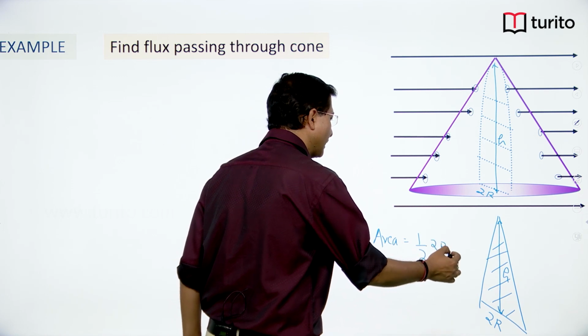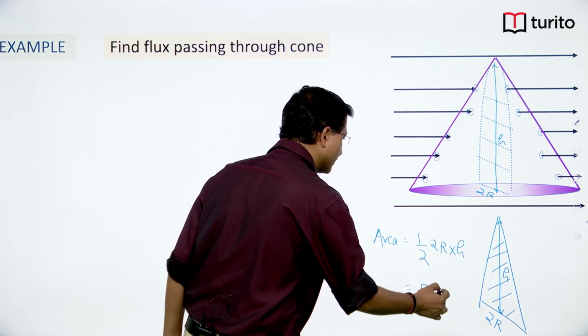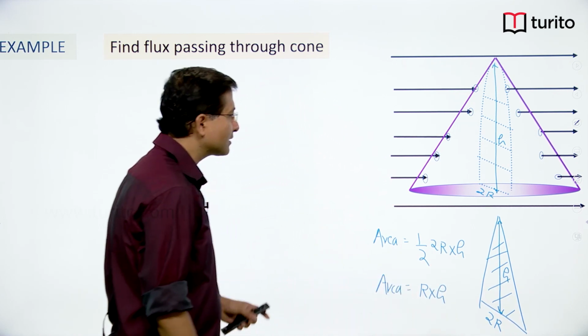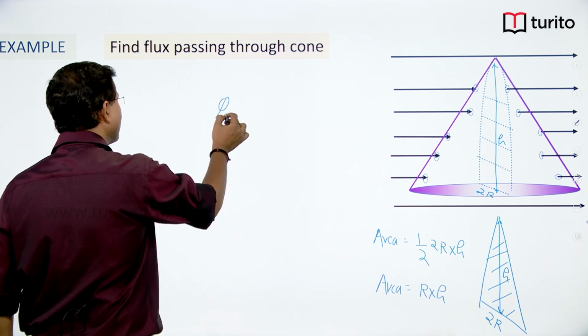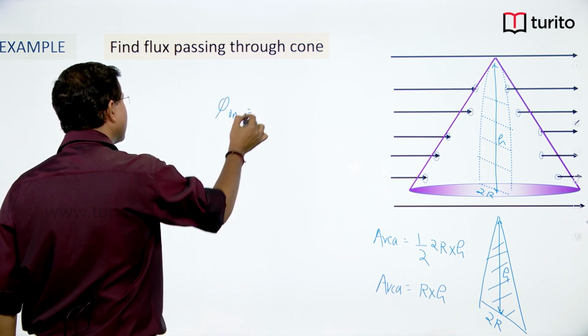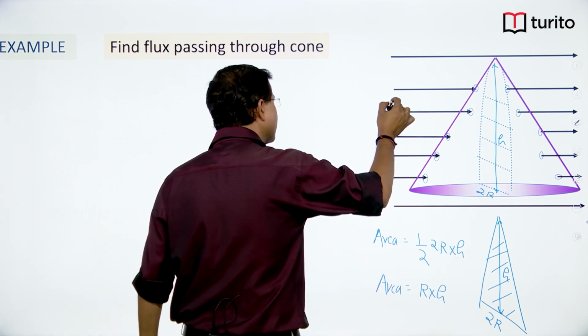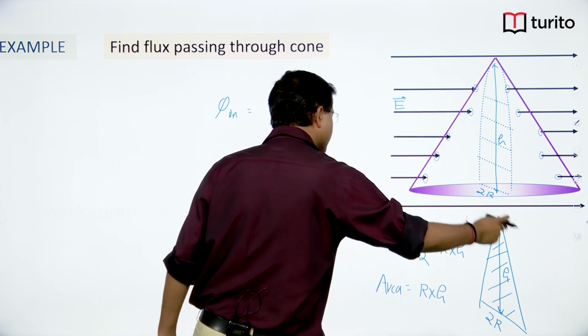Base is 2r, height is h. So we are getting r into h as area. So if I ask what is the flux in, that will be field times, let field be E, field times this area.